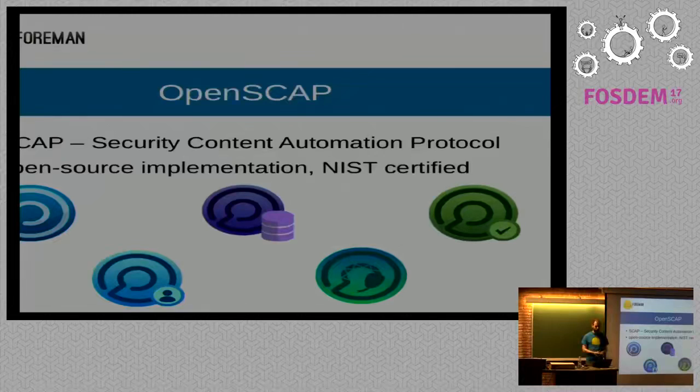It's Security Content Automation Protocol, and it was designed for vulnerability management and to automate the whole process. And OpenSCAP is an open source implementation of that. It's NIST certified. NIST is the National Institute of Standards and Technology. It's part of the US Department of Commerce.